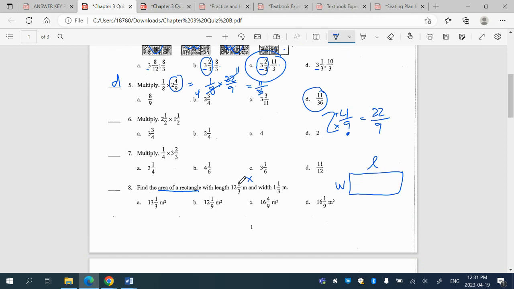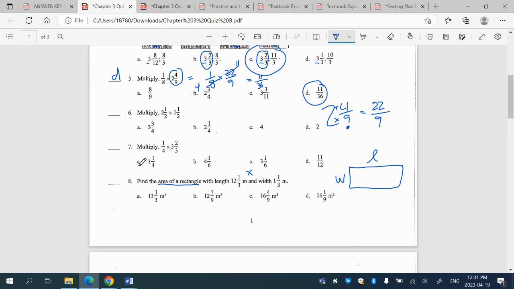So this one, we need to multiply 12 and a third with 1 and a third. First we need to convert it. We're going to go 3 times 12 plus 1. 3 times 12 is 36, plus 1 is 37 over 3, times, let's convert this, 3 times 1 is 3, plus 1 is 4 over 3.